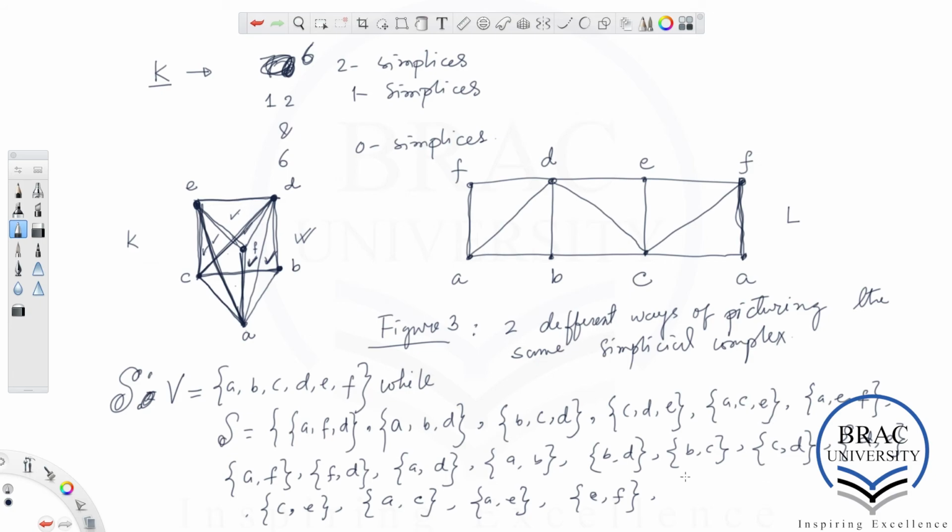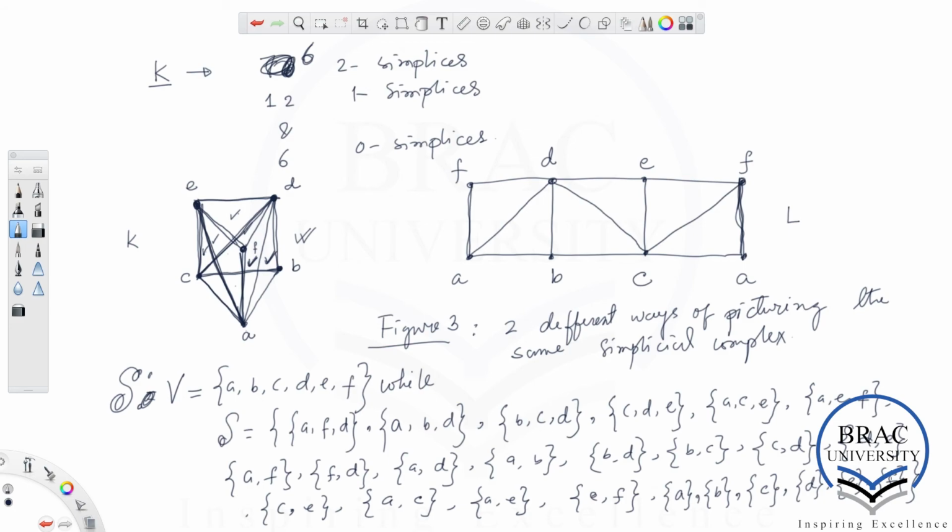And now let me write down the vertices. A, B, C, D, E, and F. There are 6 such singletons.